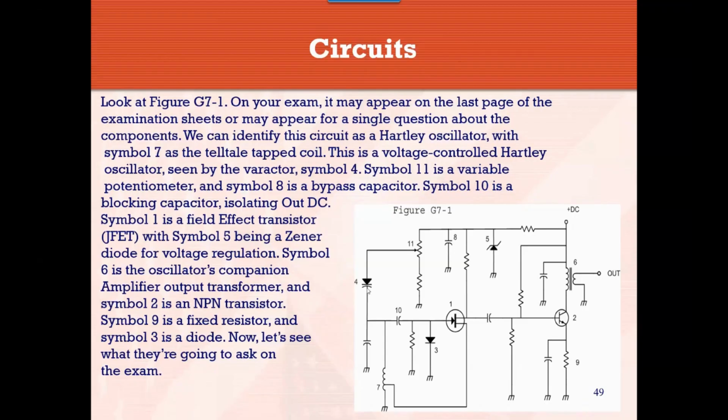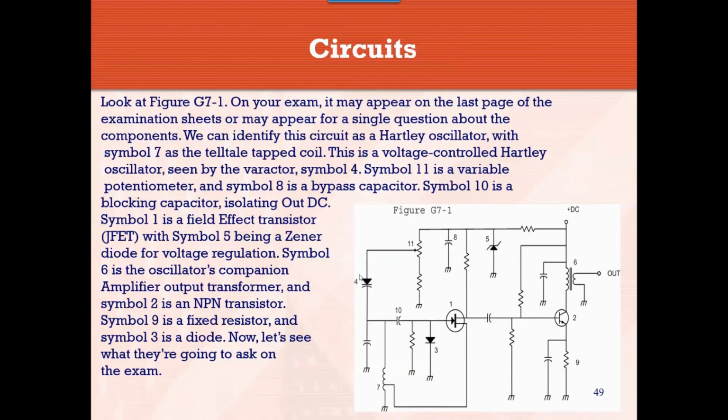A varactor diode characteristic is that its capacitance changes as the voltage across it changes. So just for grins, on this particular circuit, you'll notice there's a potentiometer there with a sliding arm that's hooked up to your positive input and the ground on the other end. So as I move this slider up or down, I can increase or decrease the voltage across that varactor diode, which will cause its capacitance to increase or decrease.